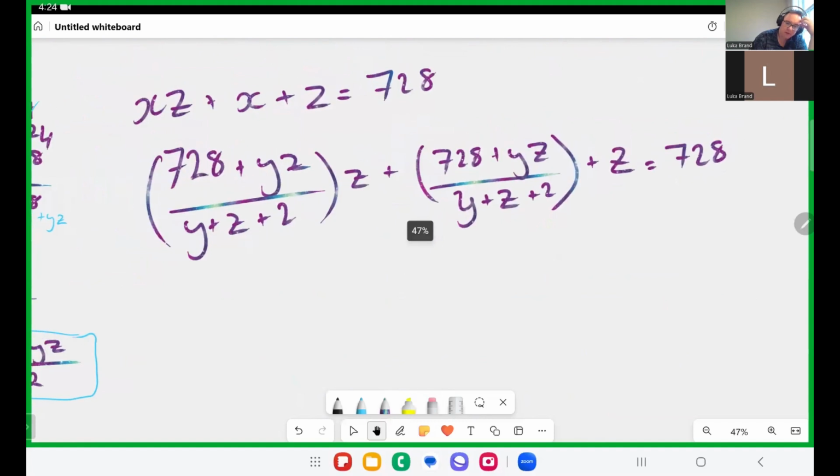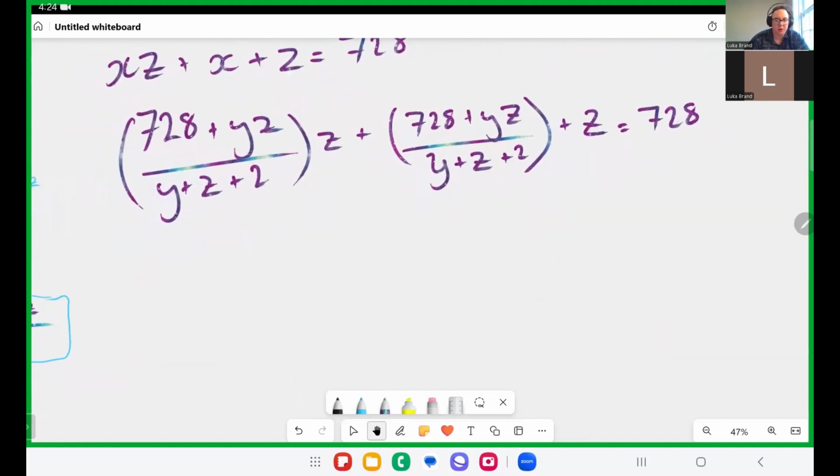Same deal again. I'm going to multiply each term by y plus z plus 2, by this denominator here, so it will go away.